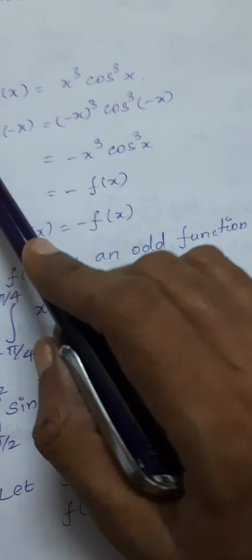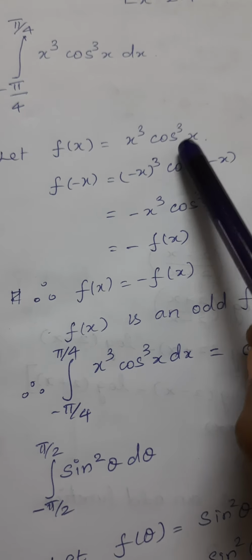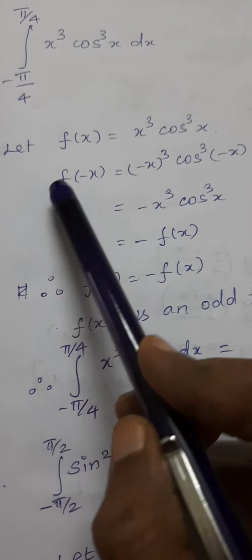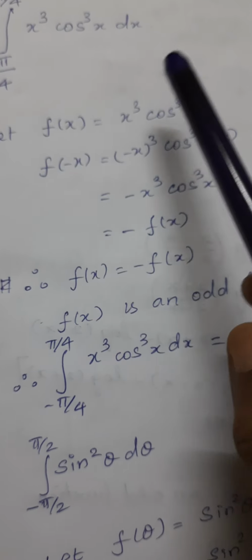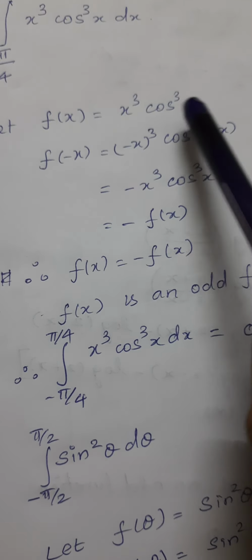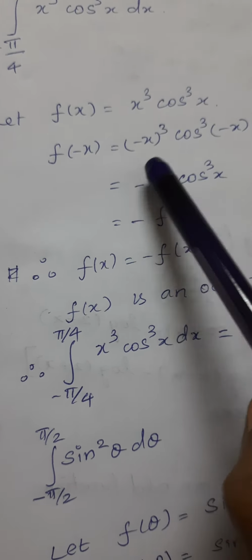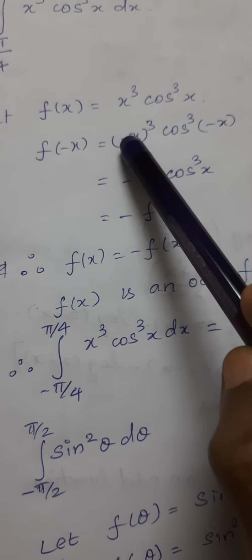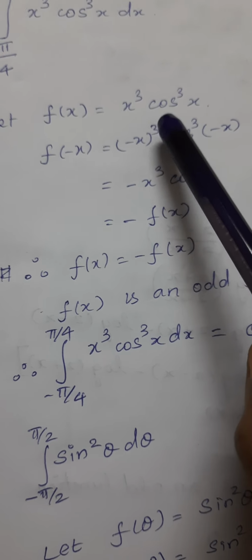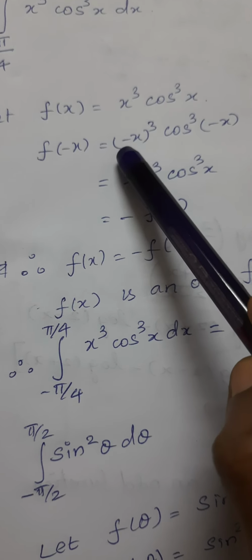So let f of x is equal to x cube cos cube x. Then what is f of minus x? Put minus x wherever there is x. So minus x the whole cube, when the power is an odd number, the minus will remain minus.